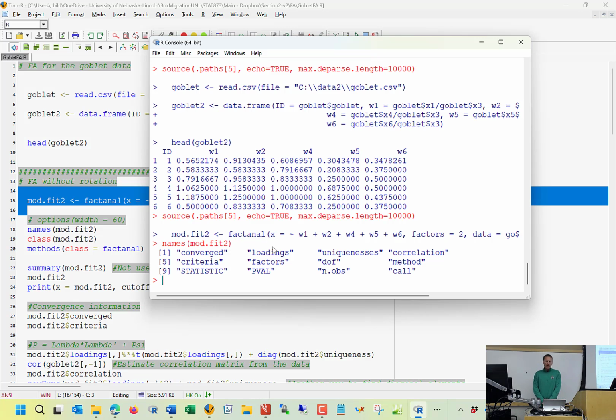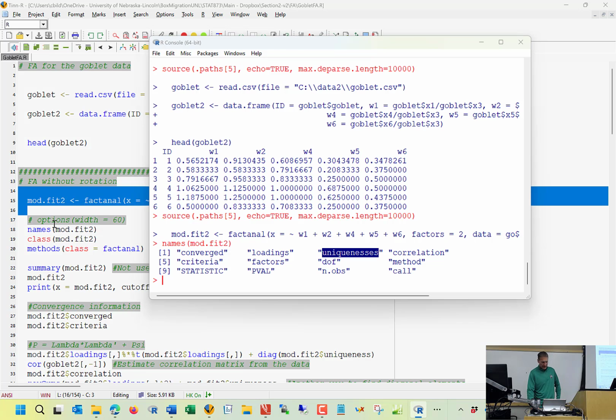Converged tells us whether my parameter estimates converged. I have information such as loadings. Remember the lambdas; the formal name for them is the factor loadings. There's also uniqueness. Remember the specific variance; another name for it is uniqueness.